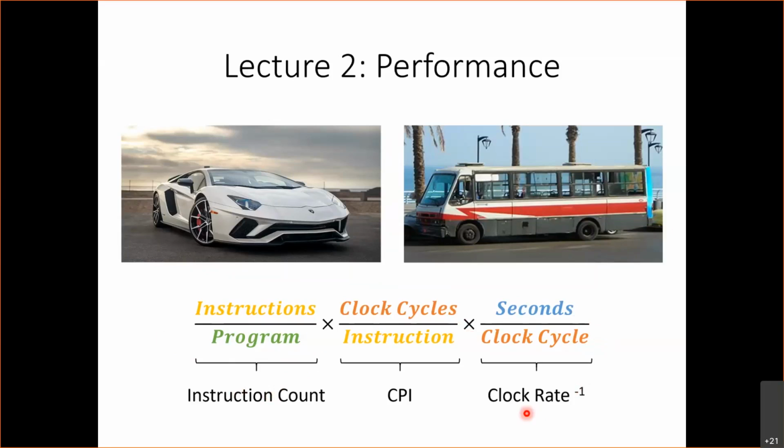And we saw the interactions between these different factors, and we saw how the clock rate alone, so having a high frequency processor alone, is not enough to improve the execution time of a program. We also need to be cognizant of how increasing the clock rate may affect these other factors.